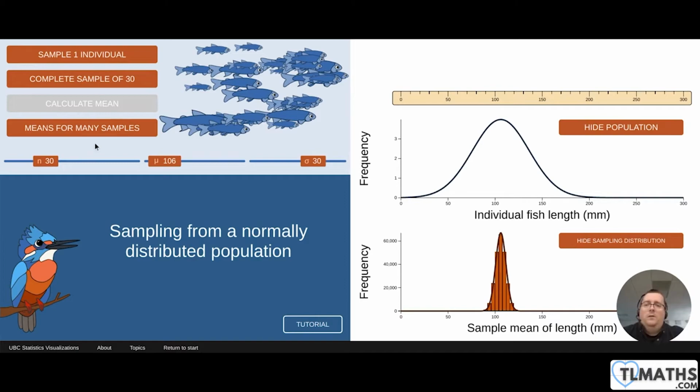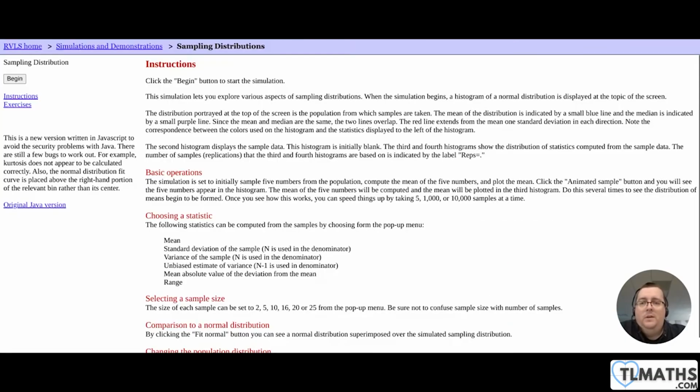Okay, so because n was 30 in this case, could I tell how thin it was going to be? So for that, I'm going to use another website, and again, this is linked in the description below. Now this one is a lot more old school, but I've used it for years. It's still really, really good at developing this idea.